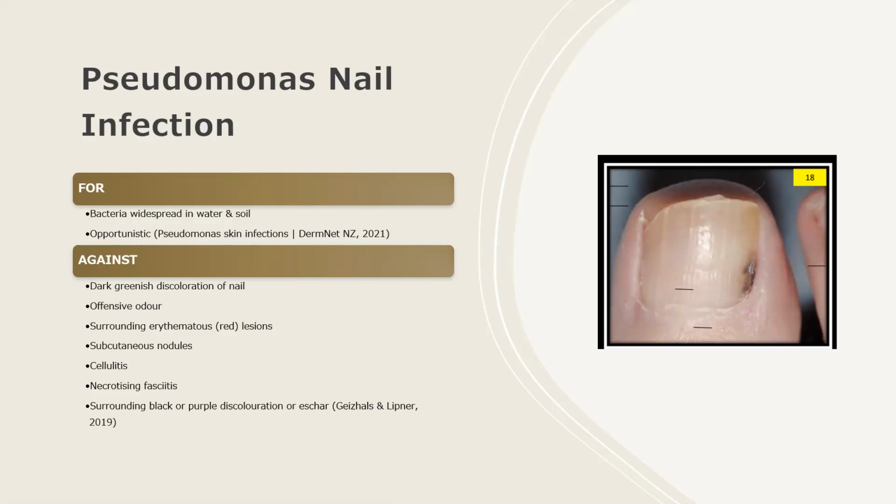There may be neighboring deep abscesses, subcutaneous nodules. There may be some associated cellulitis and potentially even necrotizing fasciitis and eschar of the surrounding tissues. And none of these are evident in this case, and so this is why I would rule out Pseudomonas nail infection.